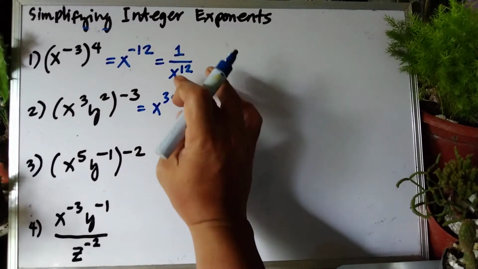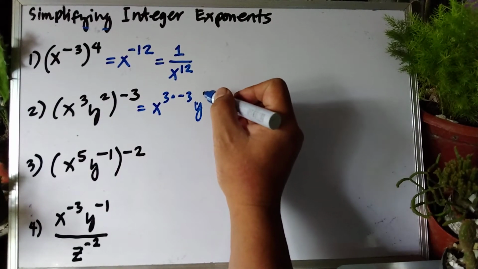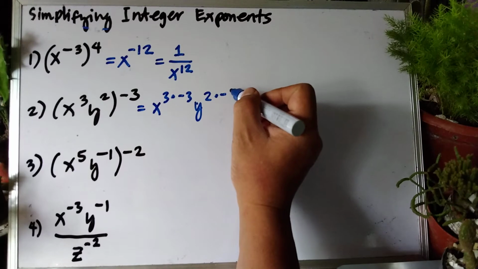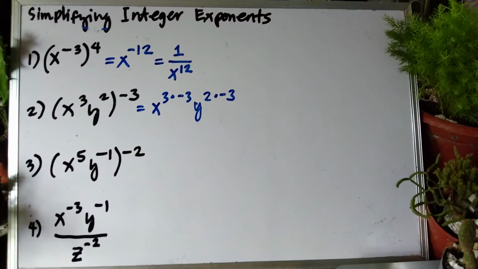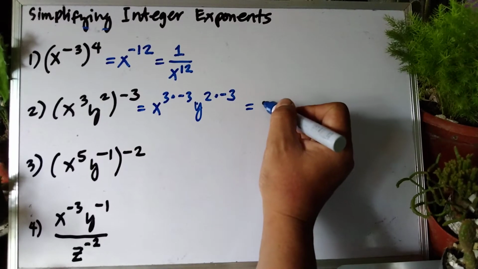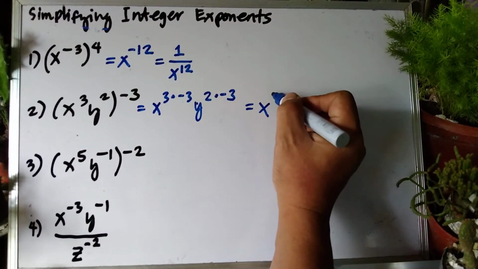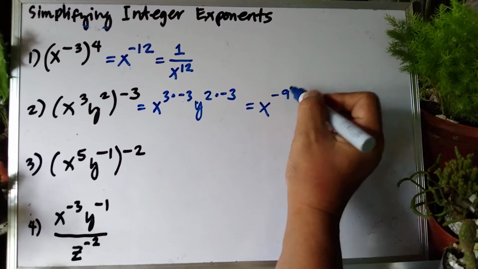in-close lang nato sa parentheses. Y squared times negative 3. Okay? So, do the operation. You copy x. 3 times negative 3, you have negative 9.